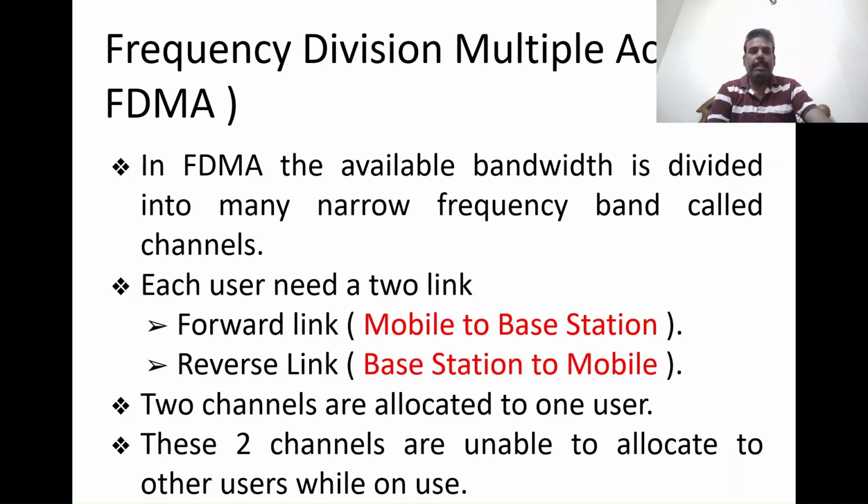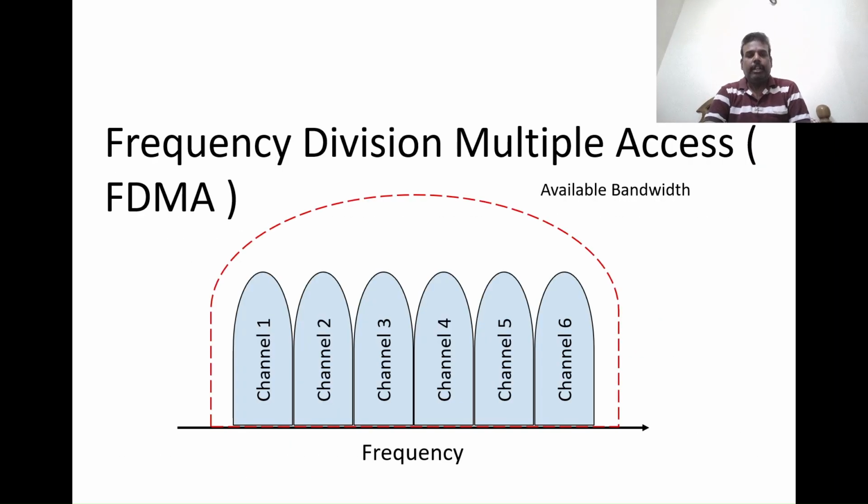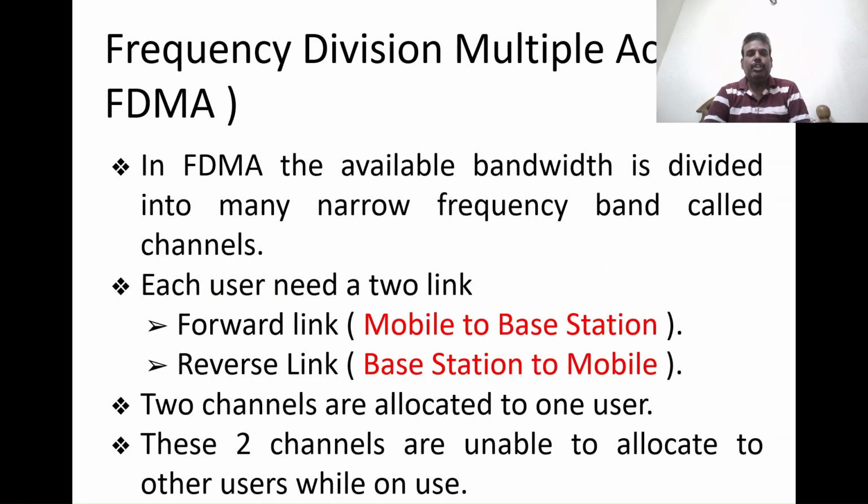So in FDMA, the available bandwidth is divided into many narrow frequency bands called channels, and we assign each channel a frequency. Each user needs two links, that is, a forward link and a reverse link. The forward link is the mobile to base station link, and the reverse link carries the signals received from the base station to the mobile users.